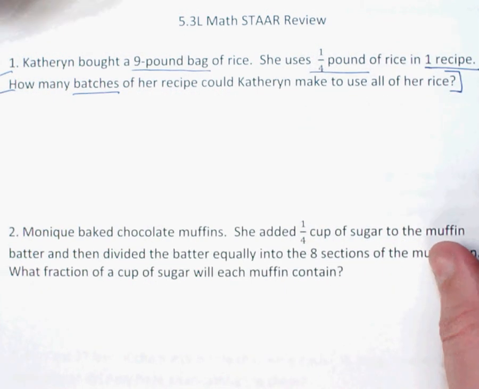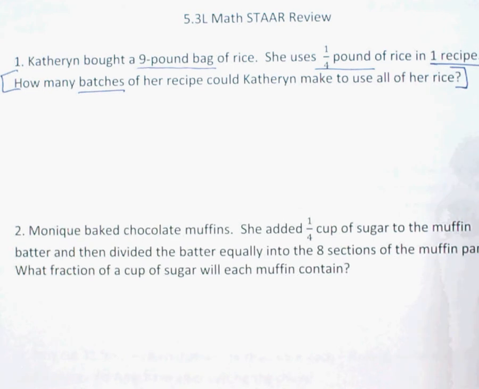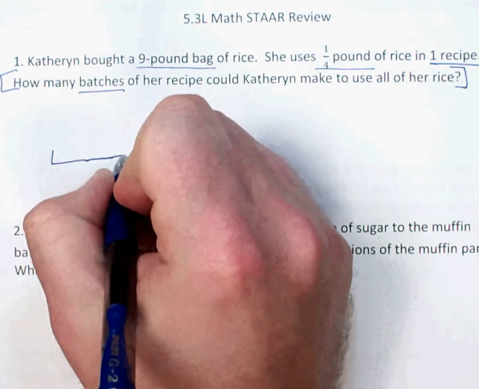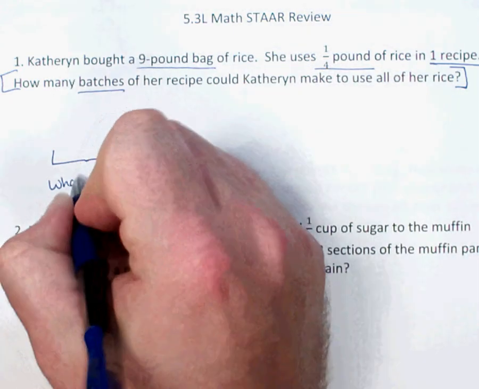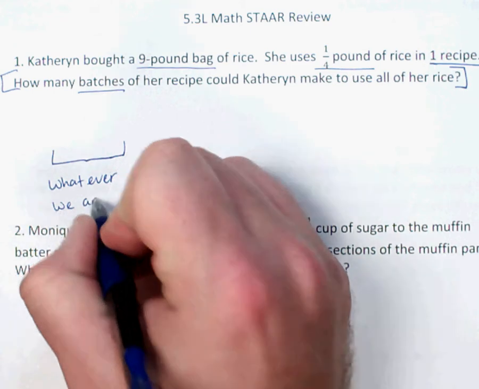All right, so the biggest error that students make when they are dividing with fractions is how to set the problem up. And the first thing we always want to put is whatever we are going to divide.